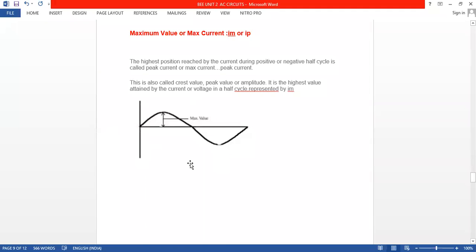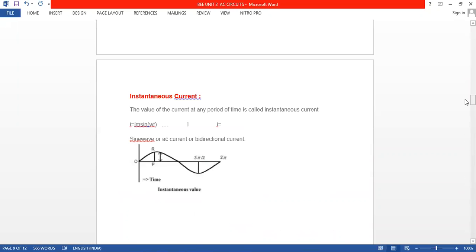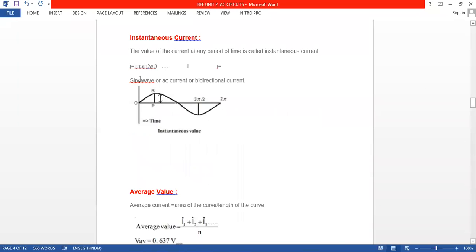What all engineers have mentioned, I can call this particular AC current also as sine wave, or AC bidirectional current.